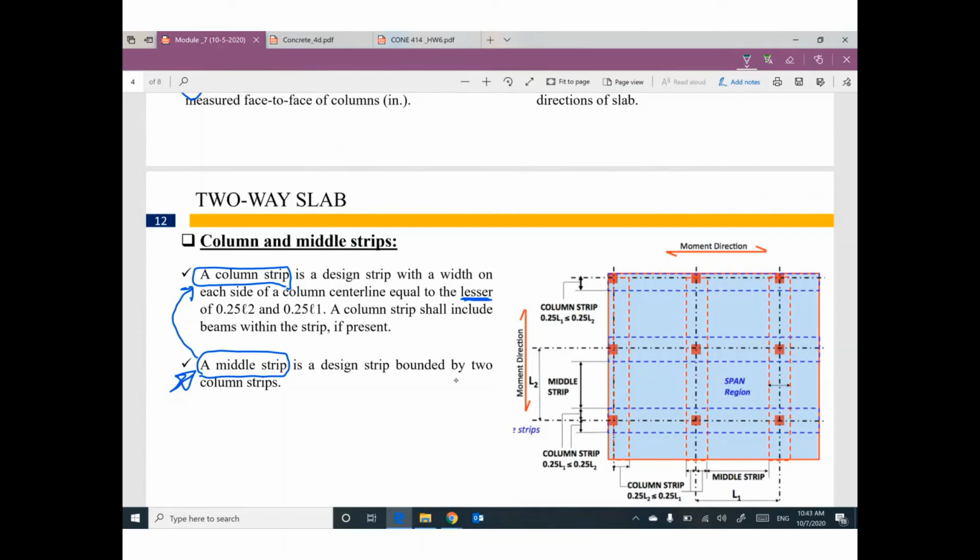This strip is middle strip. Middle strip means no contact with the column. This middle strip is supported here and here and here with what? The column strip in Y direction.